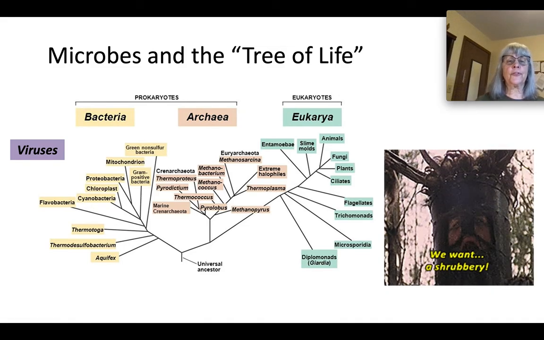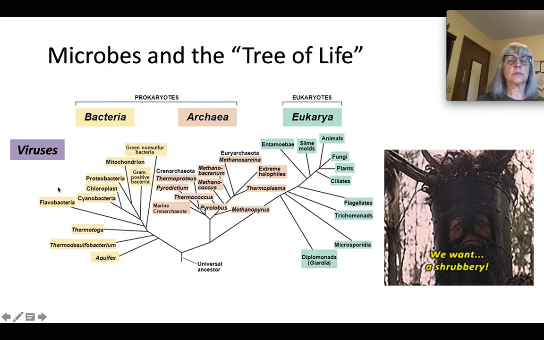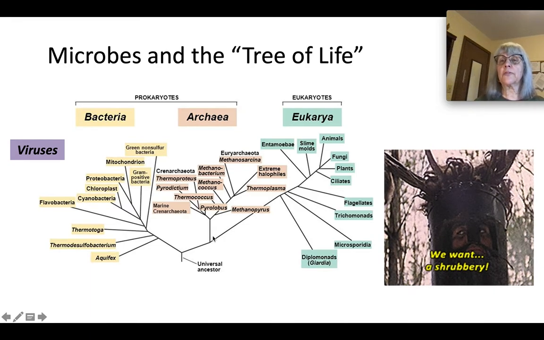The first on the scene would be your bacteria, the domain bacteria. Next, after the split, we'll see that the domain Archaea developed. And finally, Eukarya, way out here on the outer branch. And there we are.